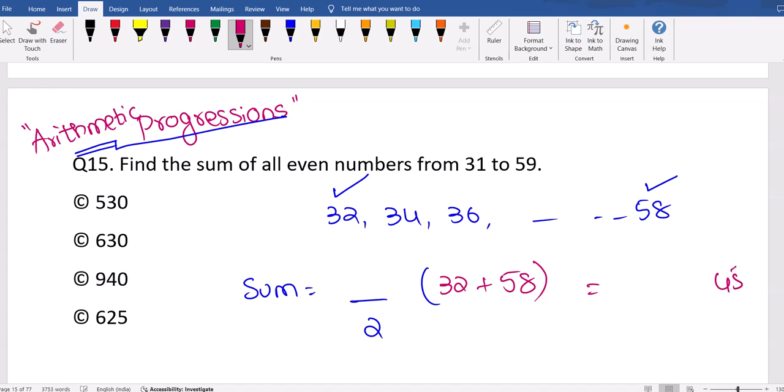But what is the number of terms here? See, 32, 34, 36. So 31 to 40, we have 5 terms, then 4 terms. 9 terms only, guys, 9 terms. Okay, sorry. Again, we have 30, sorry, 19.